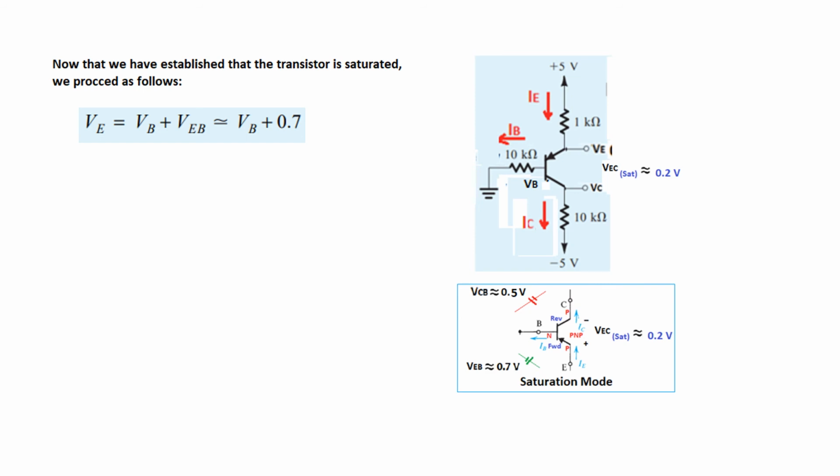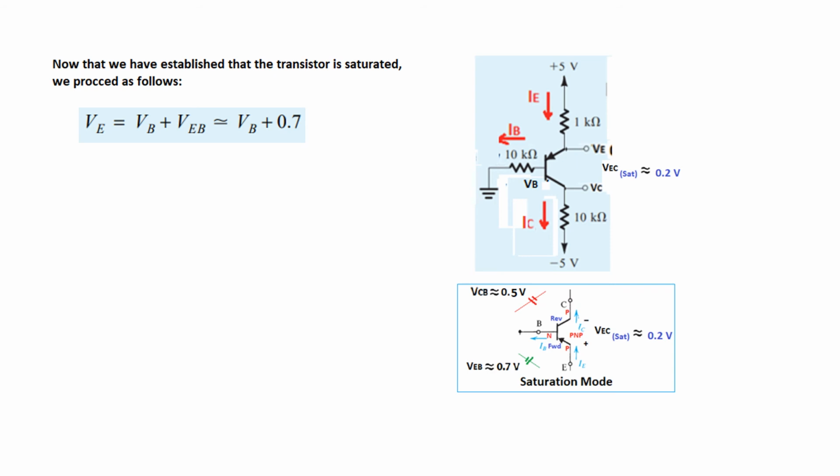So first VE, as we have learned, is VB plus VEB. Now in this case we don't know what VB is. Earlier we had assumed it to be 0, but now it is not. So VB is unknown. VEB we know is 0.7 always.